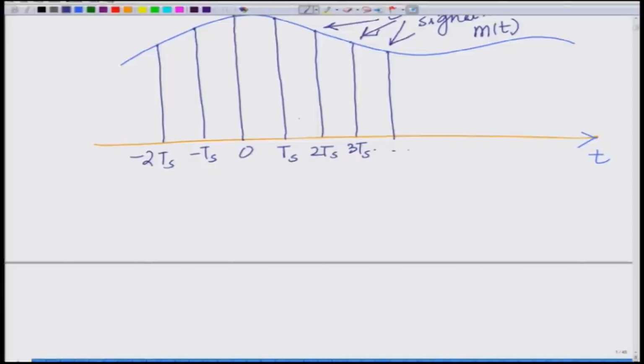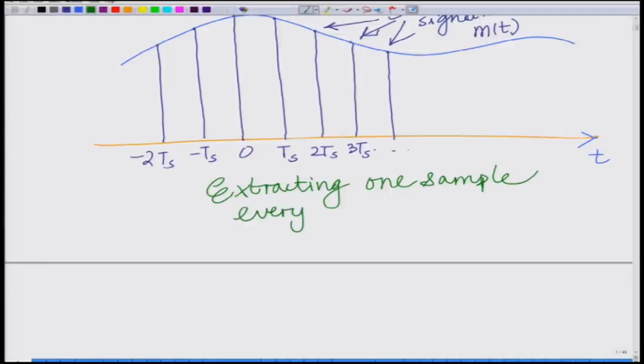Once every sampling interval we extract a sample of the signal m(t), that is the signal to be sampled. So, we are extracting one sample every Ts, where Ts equals the sampling interval.